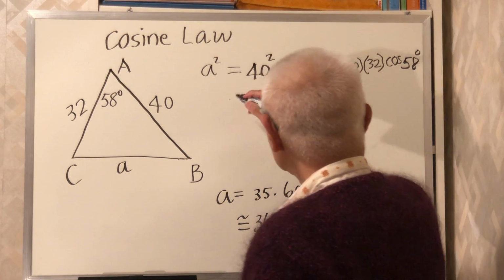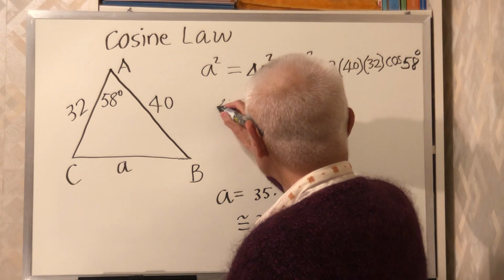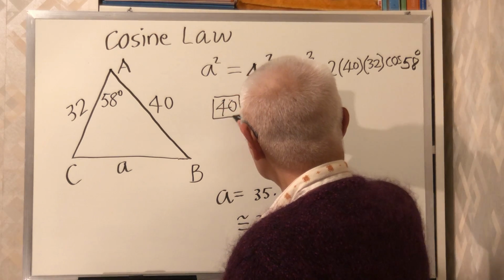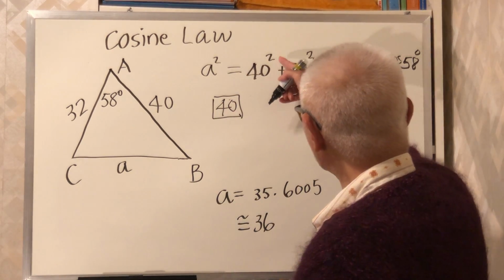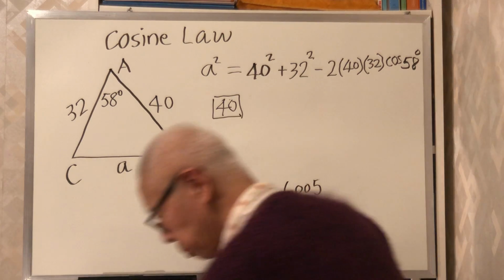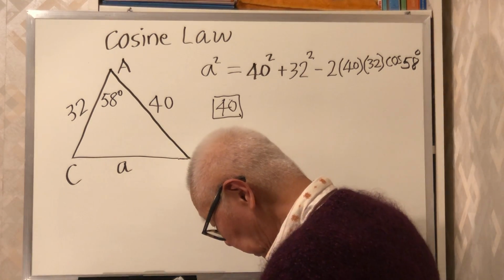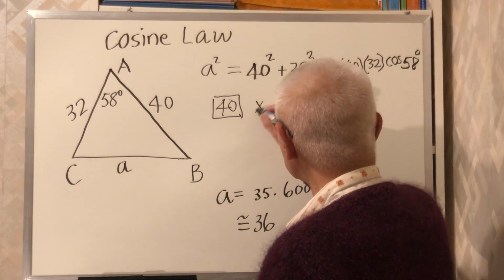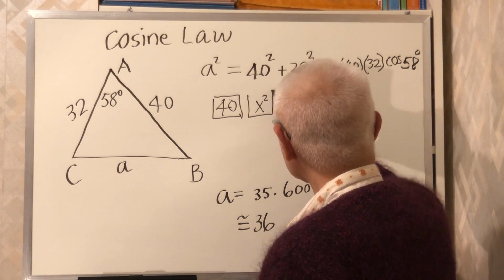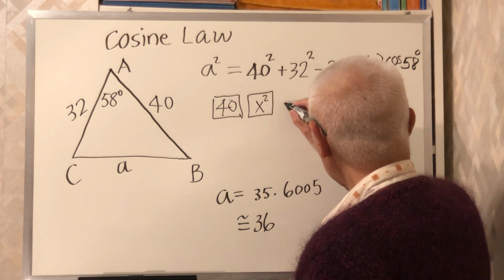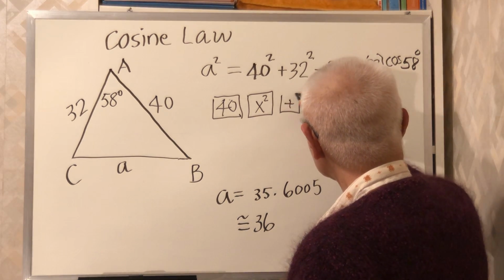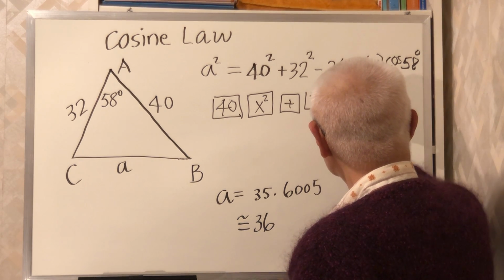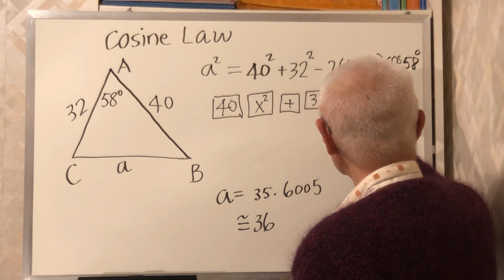What do you do? You enter 40, and you enter square. In my calculator, you have to press the X squared button. Press add. Enter 32. Press the square button, which is X squared.